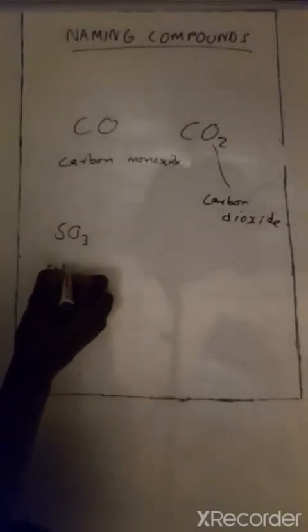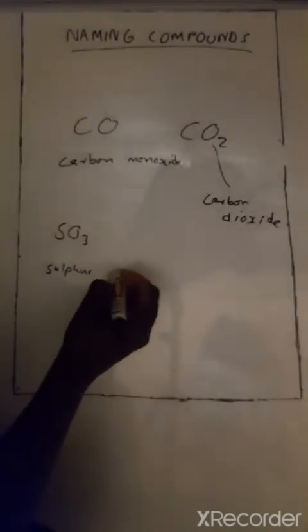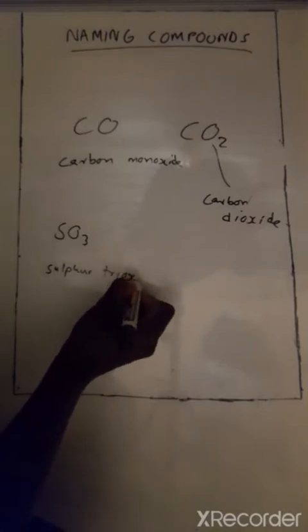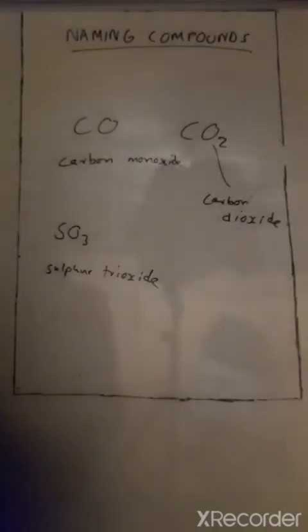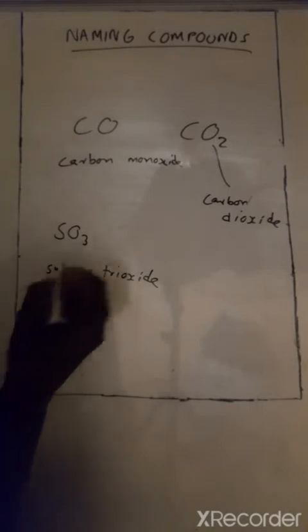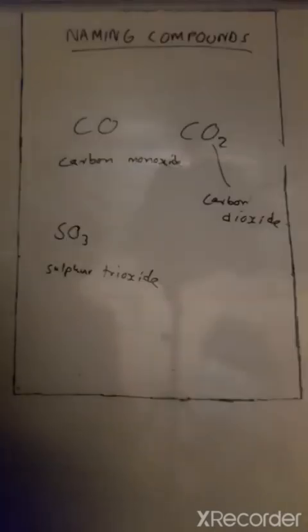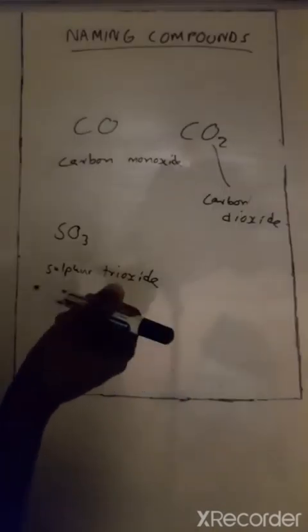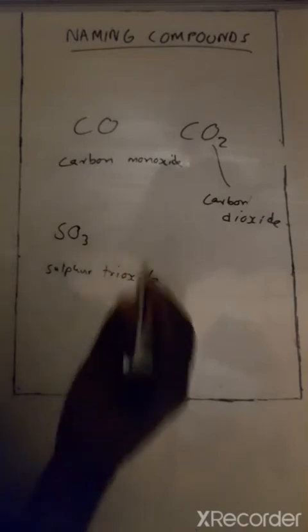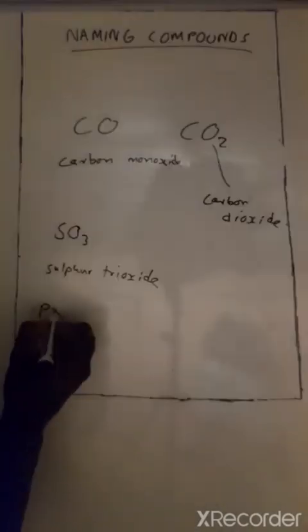This is what we call sulfur trioxide. Okay, I will show you how we got these compounds, and I will show you it's not something difficult. Let's look at the first one, carbon monoxide. Second, carbon dioxide. Lastly, sulfur trioxide. Now I want to focus on the prefixes.